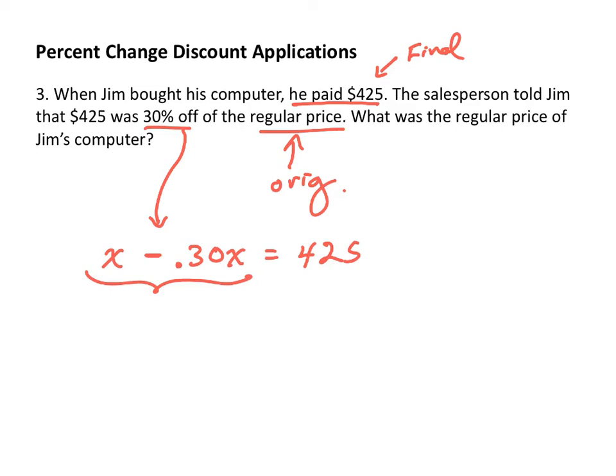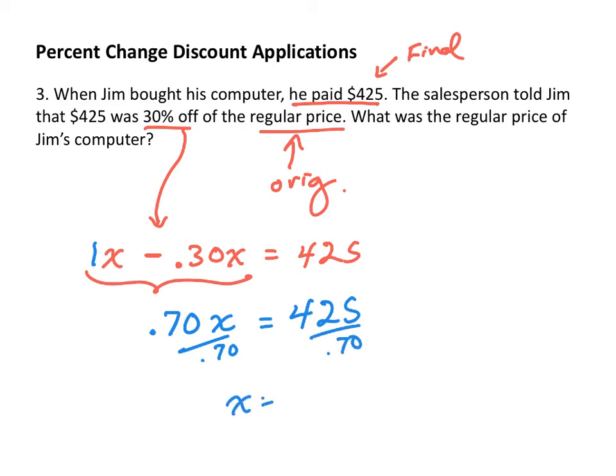Remember, this x at the beginning is 1x, so 1 minus 0.30 is 0.70. And then you can divide by 0.70. 425 divided by 0.70 is $607.14.